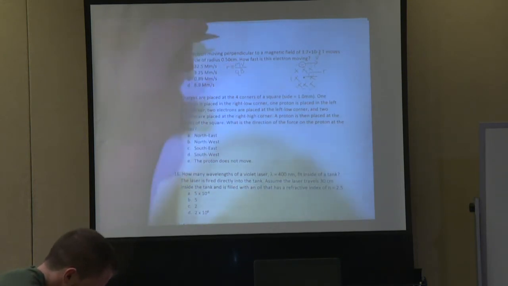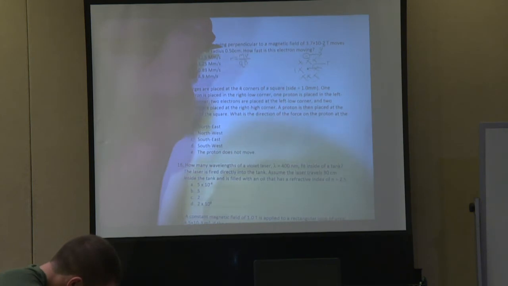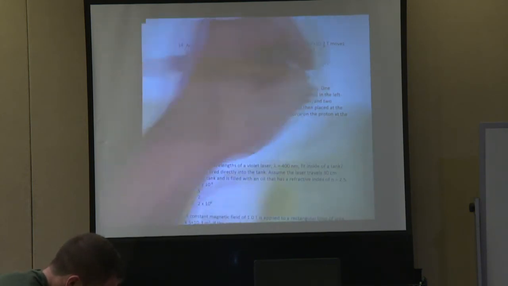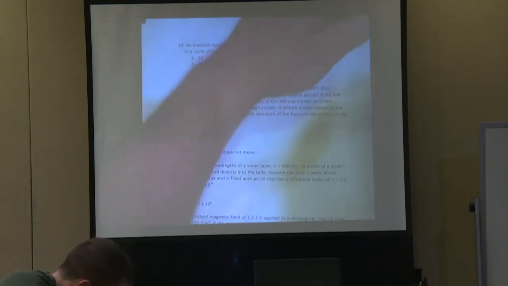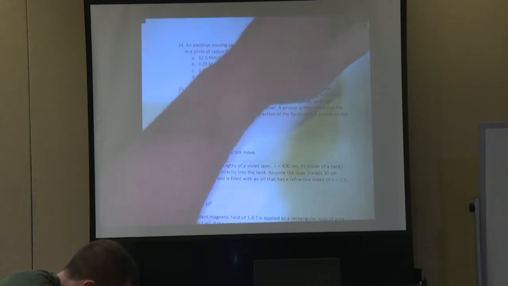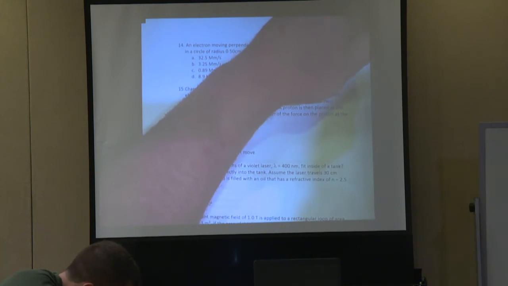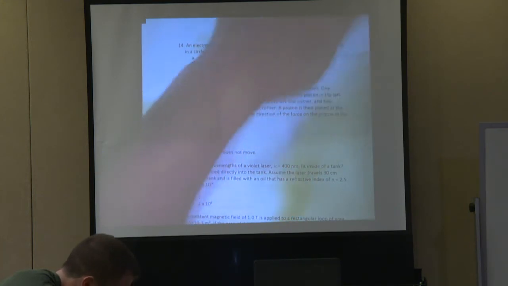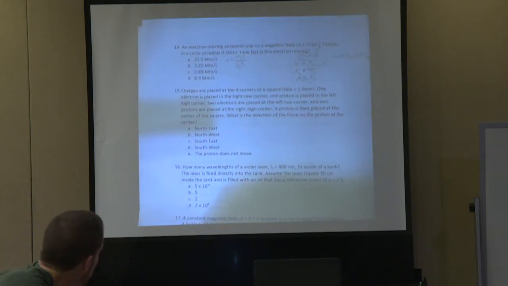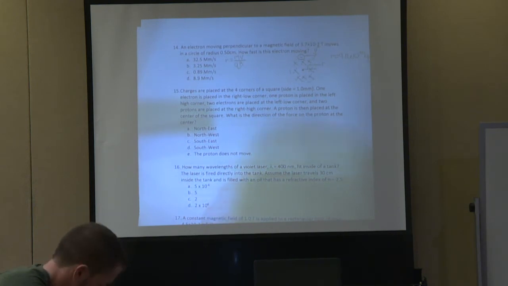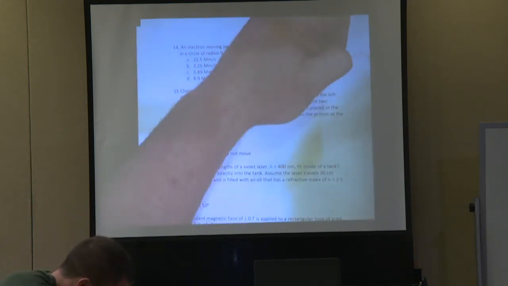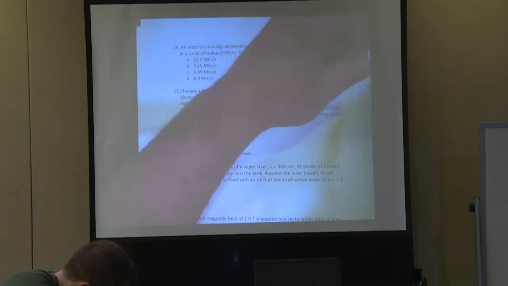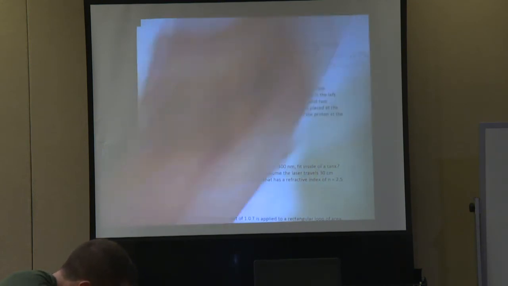So, mass of an electron is 9.11 times 10 to the negative 31st kilograms. And then charge, same as proton, 1.6 times 10 to the negative 19th coulombs.